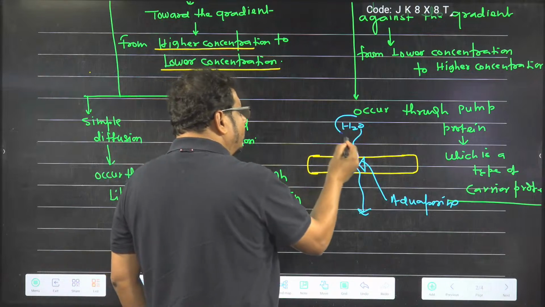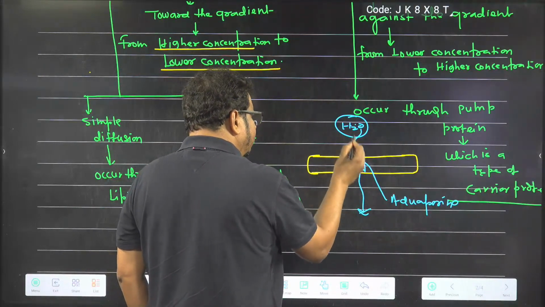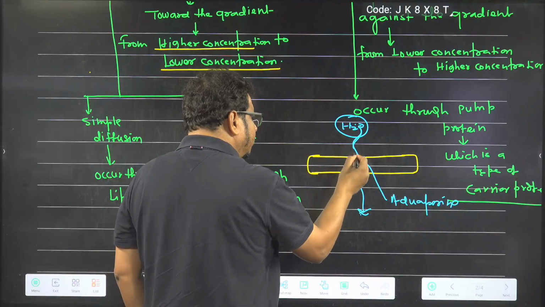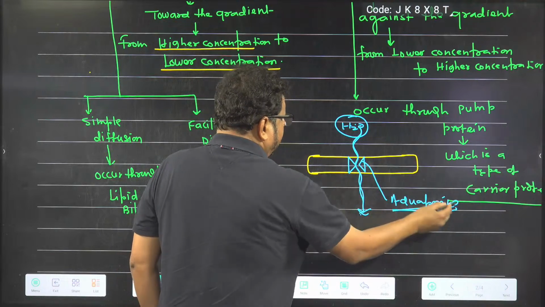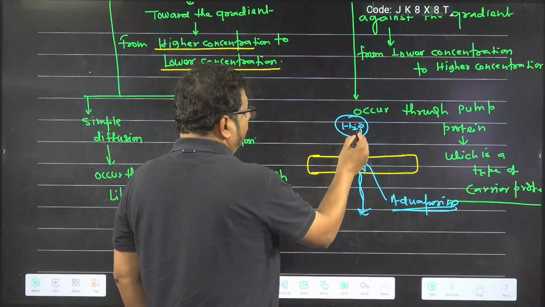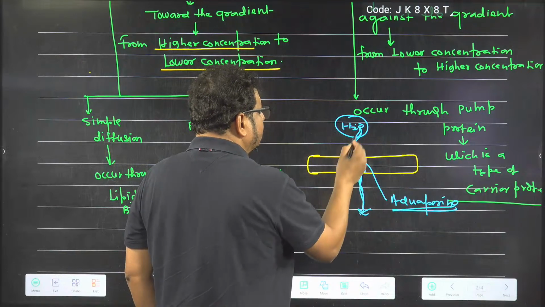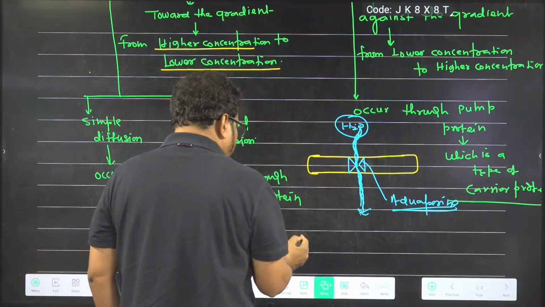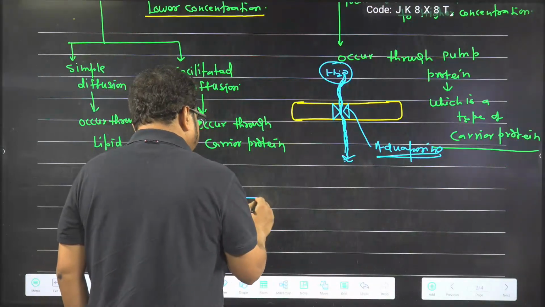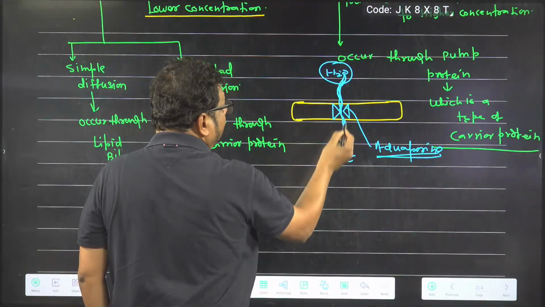So when water is moving from higher concentration to lower concentration, mainly through aquaporin, such kind of diffusion is called which one? Osmosis. Osmosis is a kind of diffusion. So water is moving from here to here.